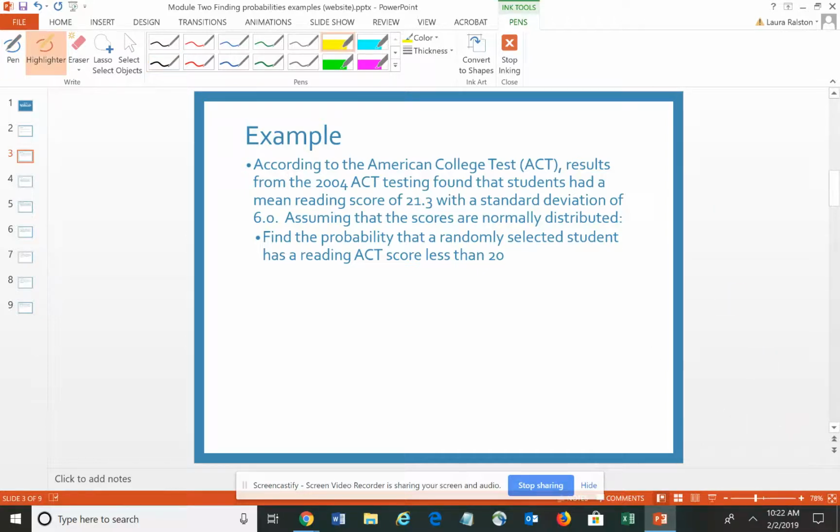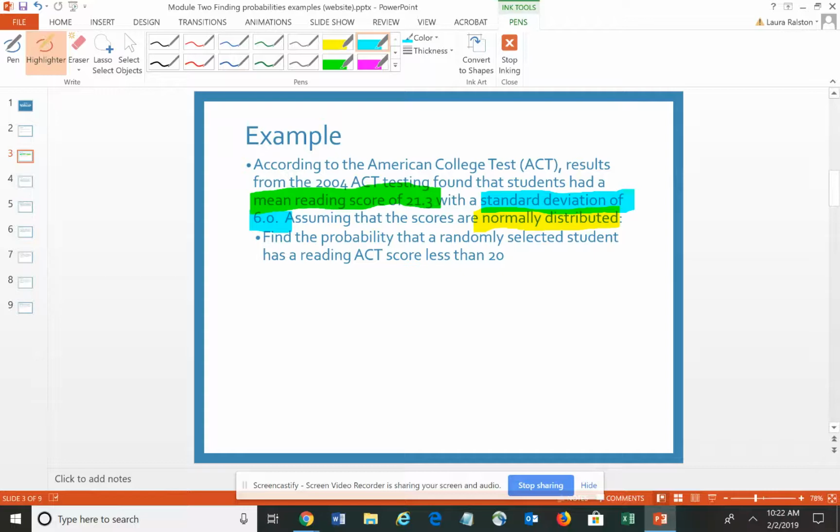First off, you have to know that you have a normal distribution, which it clearly states in the problem. Secondly, you have to know the mean of that normal distribution, which is given in the problem. And then third, you have to also know the standard deviation, which is also given in the problem.